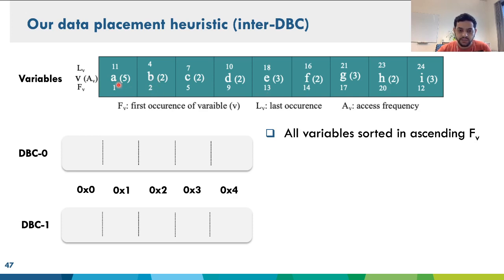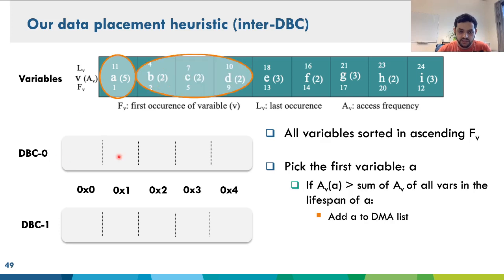Starting from the first variable, we pick variables one by one and assign them to the DBC dedicated for disjoint variables, based on the following rule. If the access frequency of variable A is greater than the sum of access frequencies of all variables which are accessed in the lifespan of A, then we pick A. Otherwise, we drop A and move to the next element.